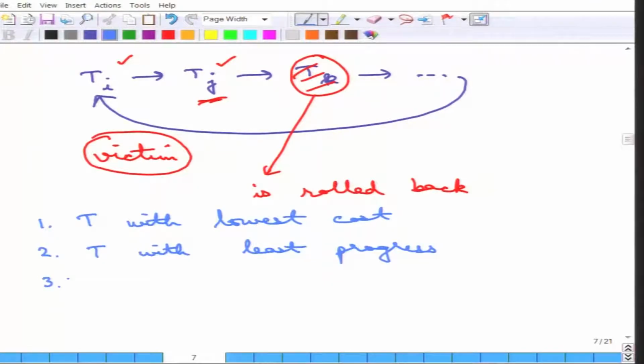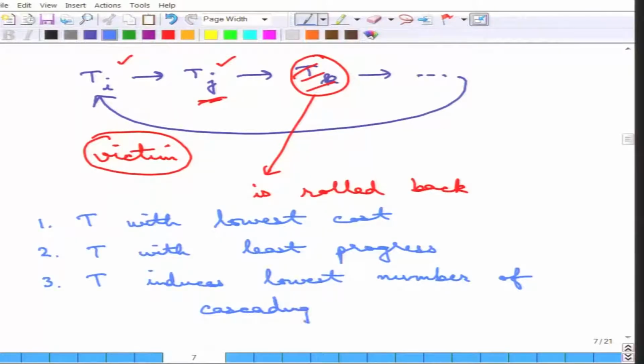And the third heuristic is the one that induces the lowest number of cascading rollbacks. This is very important to understand: in a database, if a transaction rolls back, it may cause a series of cascading rollbacks.